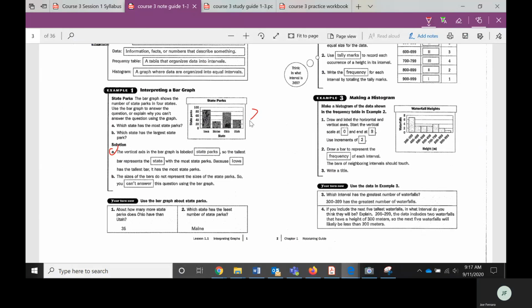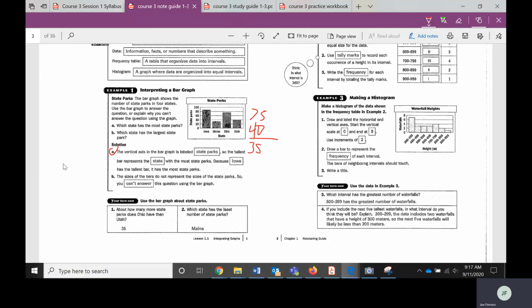I'm thinking Ohio has about 75, because this is 60 to 80. 70 is probably right in the middle, and it looks a little more than that. And then Utah looks to be exactly 40. And then it's asking for how many more, and so it'd be like that.